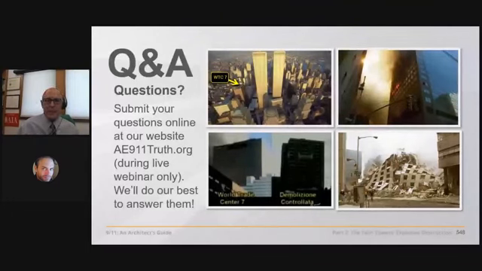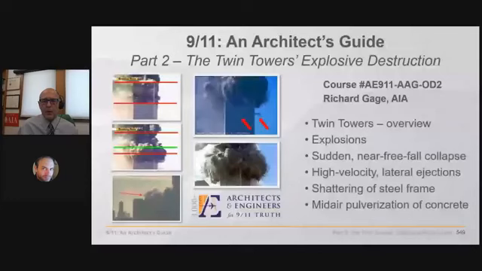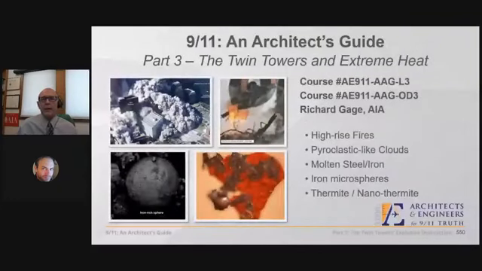Yeah, because guess what's happening? Next week, we are going to be all over part 3, the Twin Towers in extreme heat, Thursday, 1 o'clock Pacific, 1 week from today. High-rise fires, we'll look in more depth into those. Pyroclastic-like clouds, incredible heat, unexplained by jet fuel, of course, or office fires.